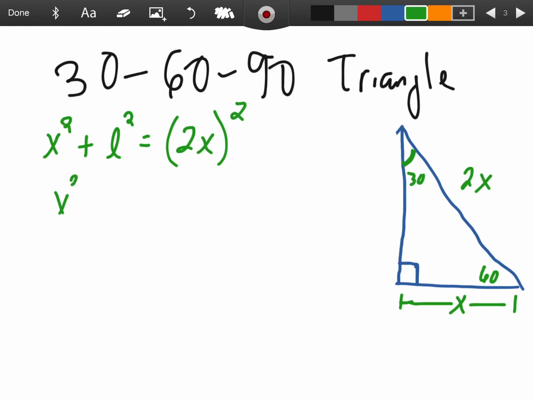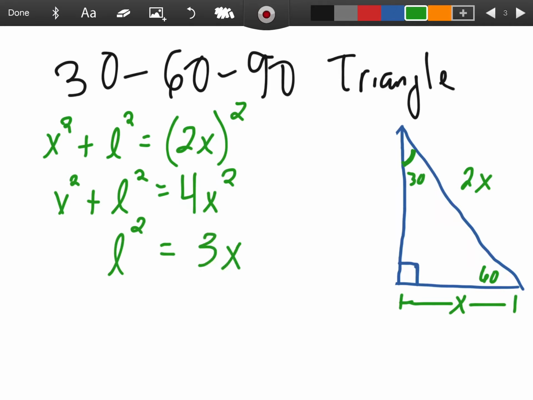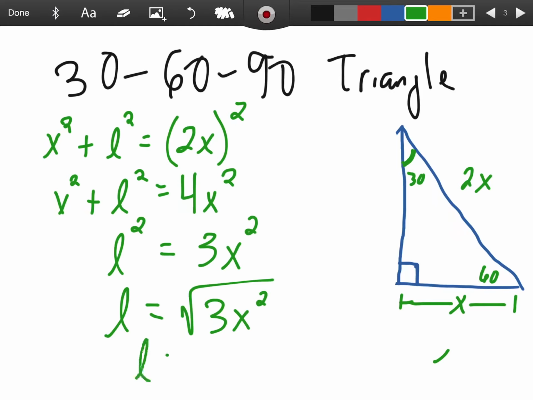When I square that, I get x squared plus L squared equals 4x squared. I'll subtract x squared, so I now have 3x squared. Then I take the square root in order to solve for L. So the square root of 3 times x squared, well, again, I know the square root of x squared is just x. So I get L equals x times the square root of 3.